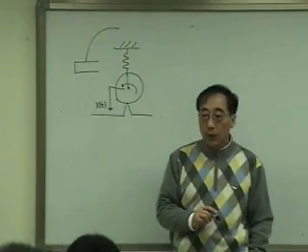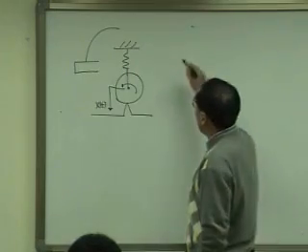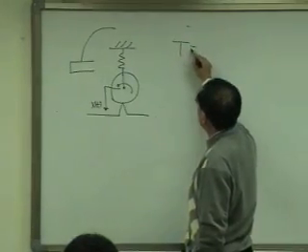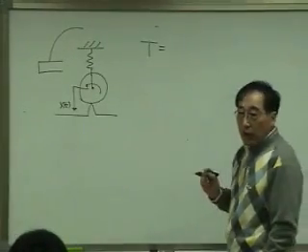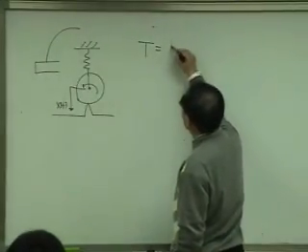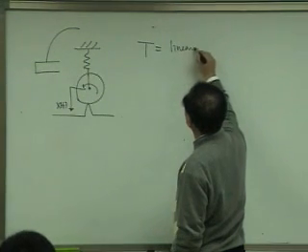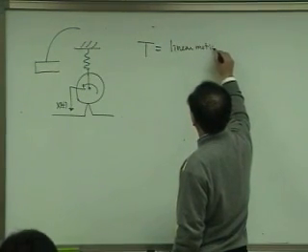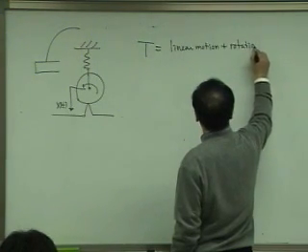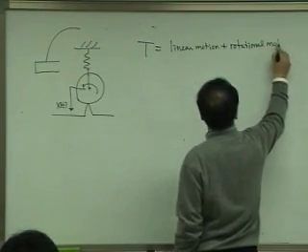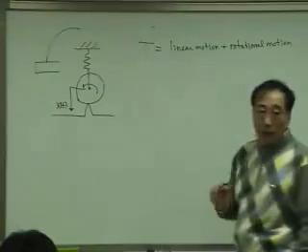So the kinetic energy of this system has two components. One is due to linear motion, and the other one is due to rotational motion. Right?